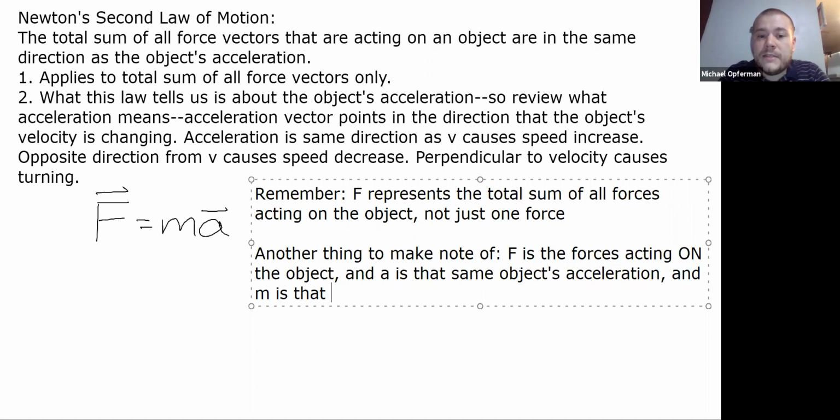M is that same object's mass. So make sure, this is another thing that people sometimes get wrong when you start to get more complicated problems where there are multiple objects involved. Make sure that M refers to the mass of the object you currently have your eye on. A is the acceleration of the mass you currently have your eye on. And F is the forces on the object you currently have your eye on.